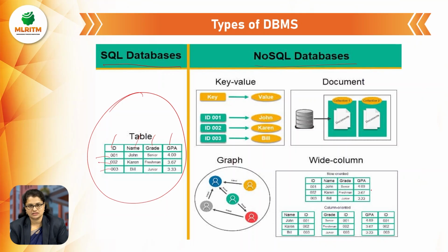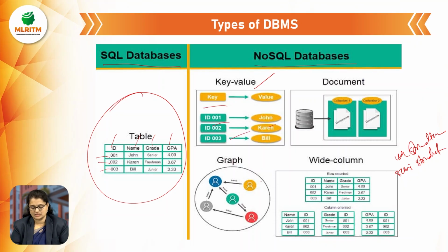That is not in a structured format. This is semi-structured or unstructured data. We are representing it in 4 different data models. That is key-value: by using keys, we can represent the values. Then documents: by using documents, we can store the data.